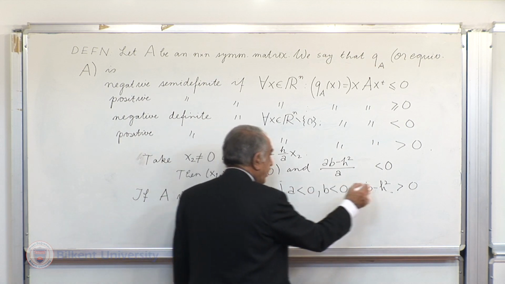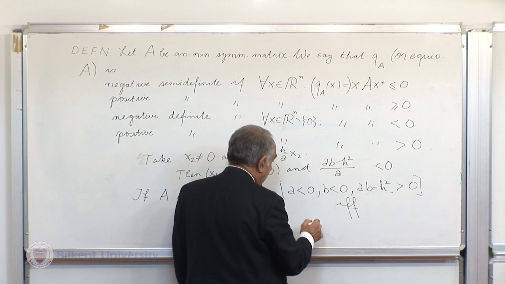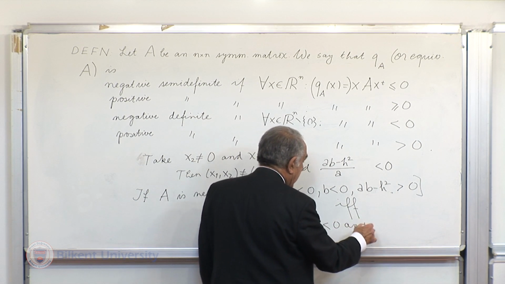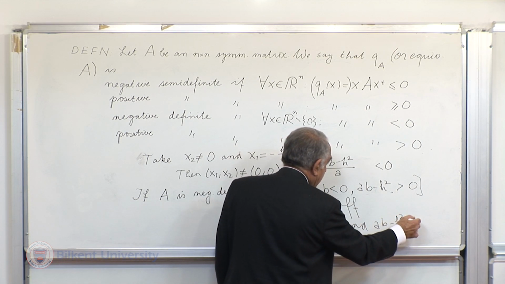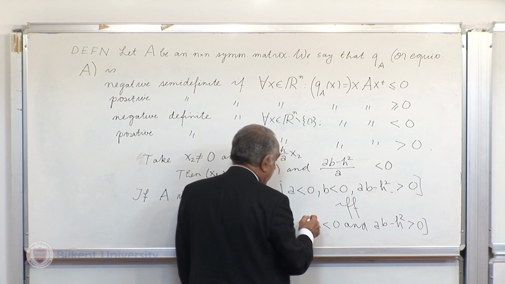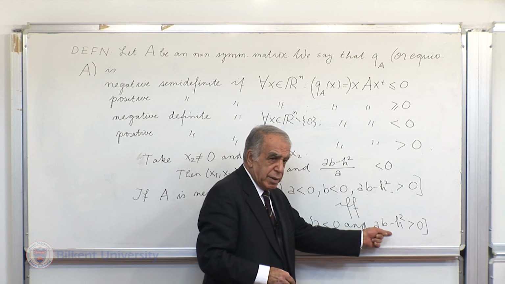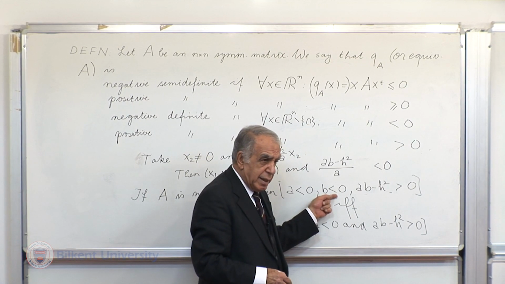Moreover, this is equivalent actually to A less than 0 and AB minus h squared is greater than 0. Why is that so? If we have the conjunction of these two inequalities, that will imply B is less than 0.